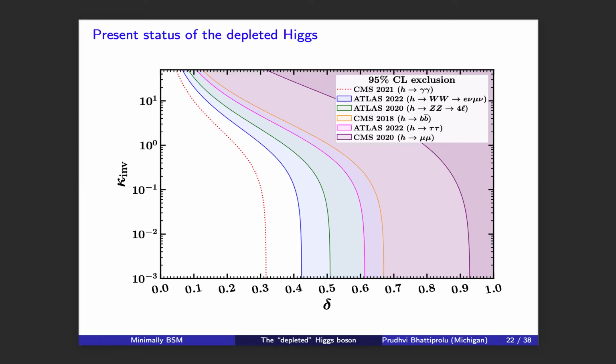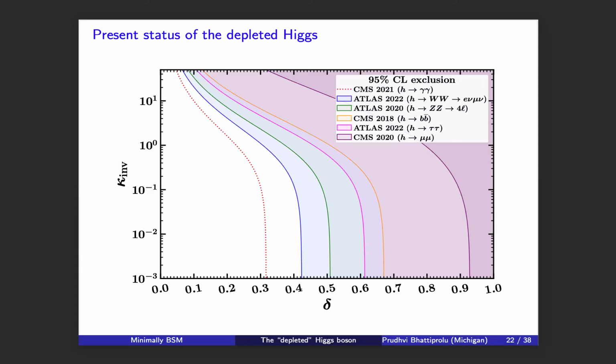Yes, so these are independent, but the total invisible width is actually delta squared times kappa inverse. So kappa inverse is just a parameter, but the total invisible width of the observed Higgs is delta squared times kappa inverse.